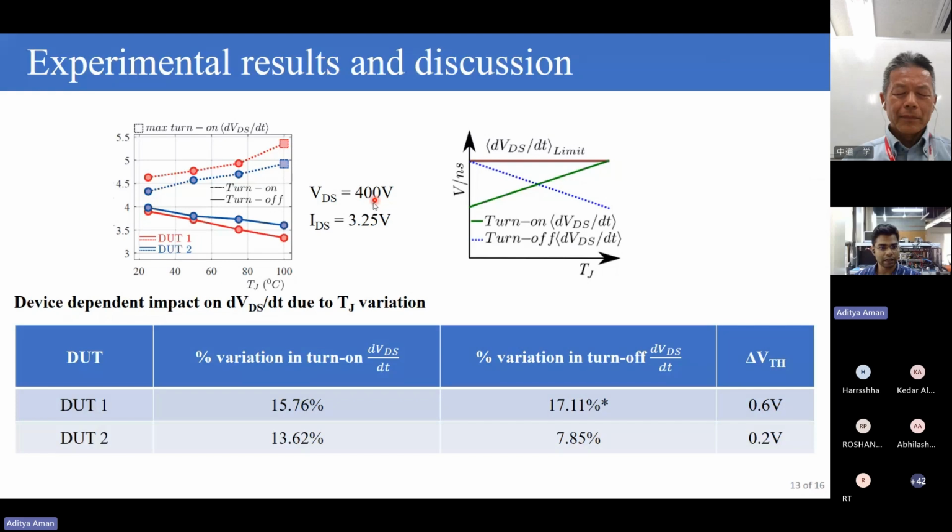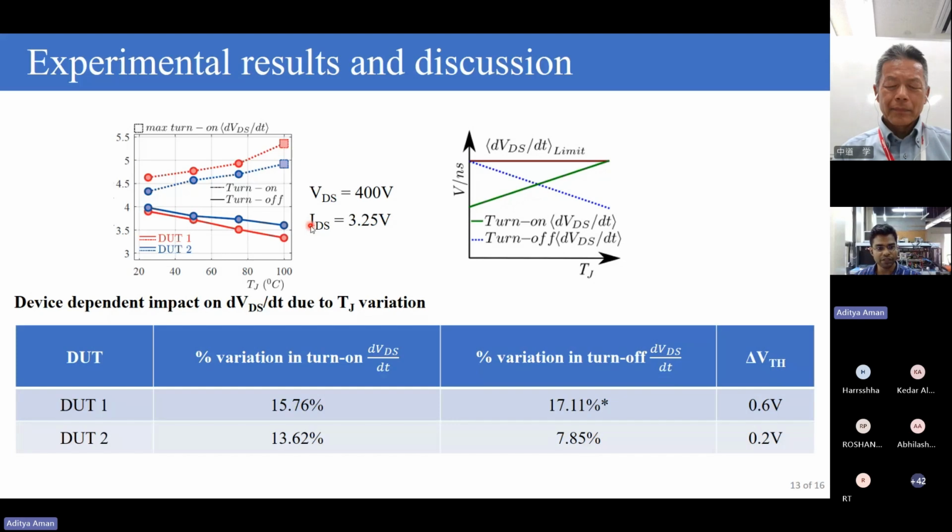We observe that for both the devices, during the turn-on transition, the dV by dt is increasing, and for the turn-off transition, the dV by dt is decreasing, as was theoretically deduced.